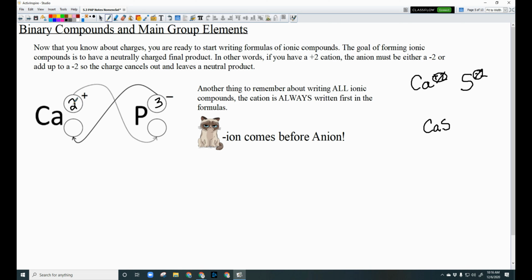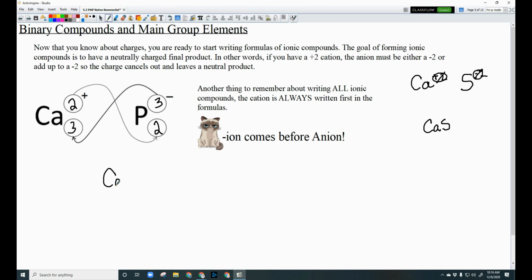If we take just this number and swap and drop it to the subscript of this ion, and then do the same here, see, it's not pulling the charge over. Remember, it's just the number. Swap and drop that, then we're going to get the correct formula for calcium and phosphorus bonding together.